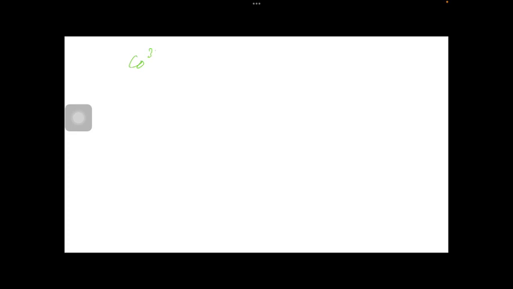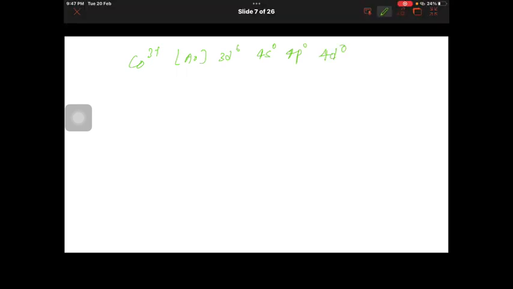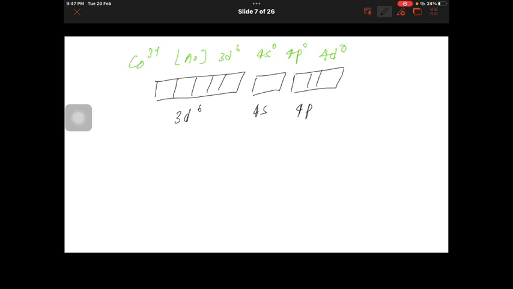So Co3+ argon 3d6 4s0 4p0 4d0. Here 6 electrons according to Hund's rule.